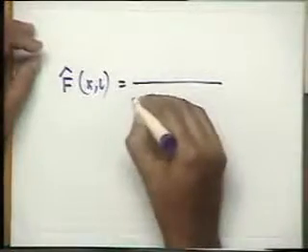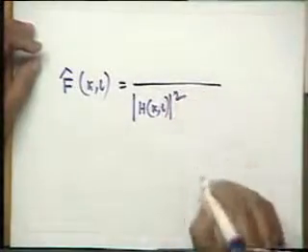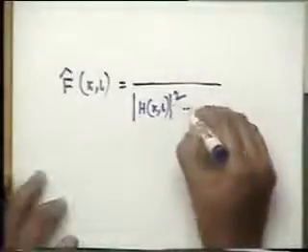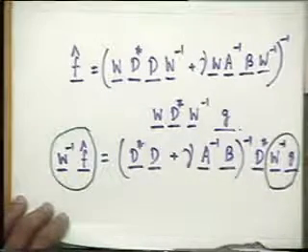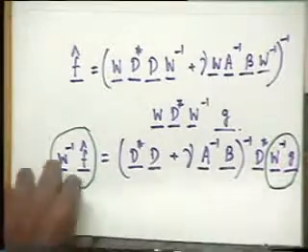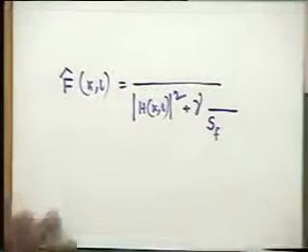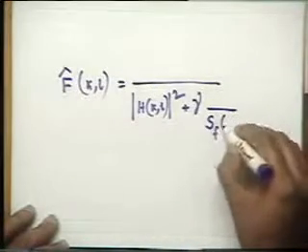So in the denominator, mod H KL square indicates D star D, plus gamma, and A inverse B. A will come in the denominator, and A indicates the power spectral density of the original signal, so let us call it S of F with index KL.